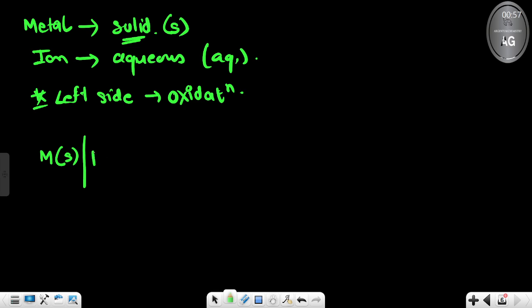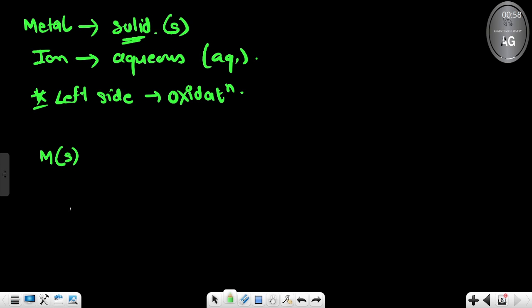You put it like this, Mn plus Aq. Many of you do this, but it is not the correct one. Why did you place a slash in between? The slash will be placed only after a half cell is complete. Please remember, the slash that we are putting will be put only after one half cell is complete.